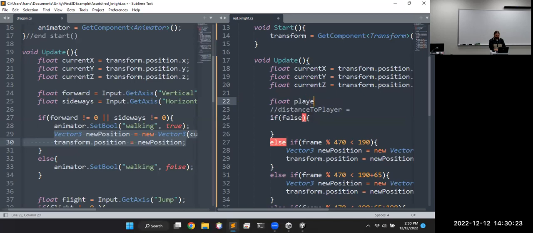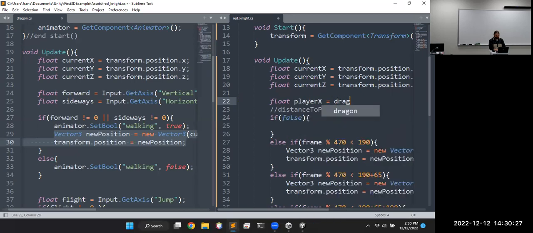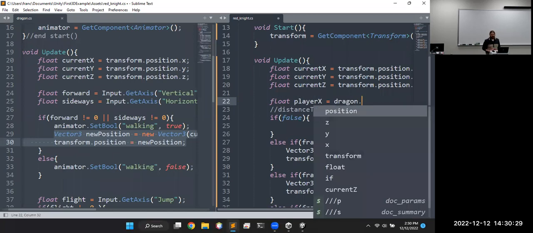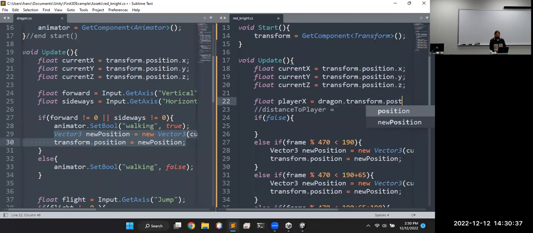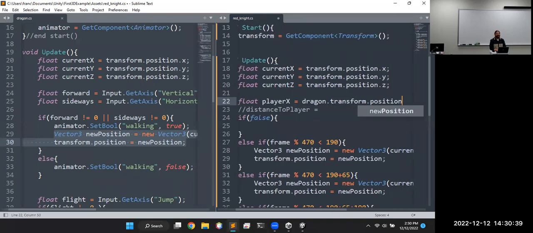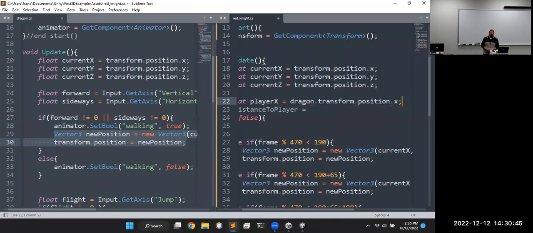So below the player X is going to be that dragon object, which is a game object. And from a game object, we can grab a transform data. And transform data has position data as part of it, and then that has an X position.